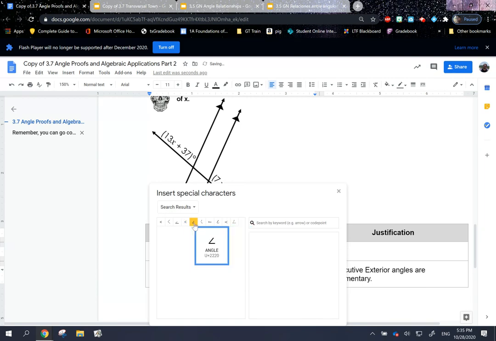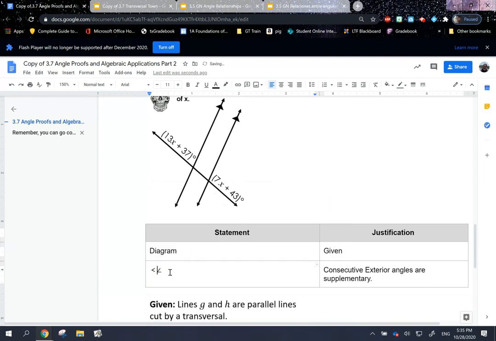So let's say that the measure of angle A plus the measure, I'm going to copy this angle symbol, the measure of angle B, I add them together and that should equal 180 degrees, right? Well, let's say that this 13x plus 37, that's the measure of angle A. And let's say that the measure of angle B is this 7x plus 43.